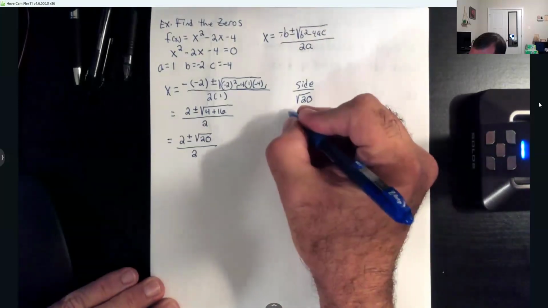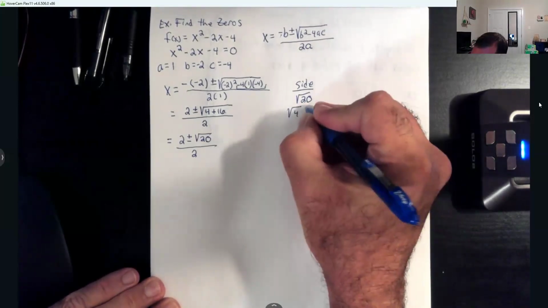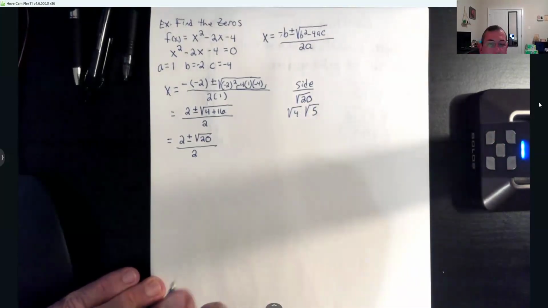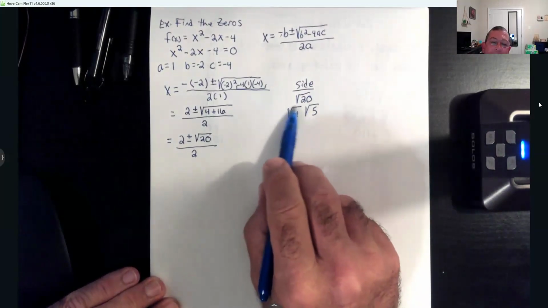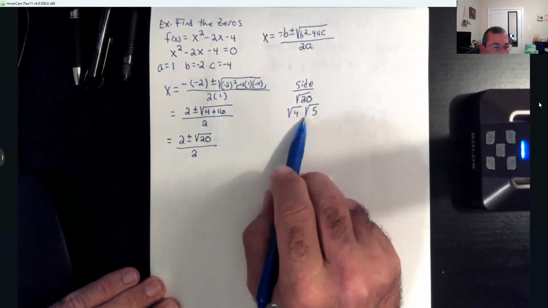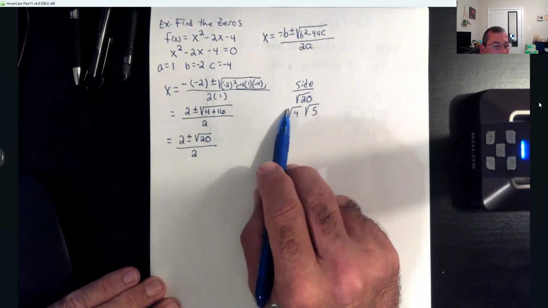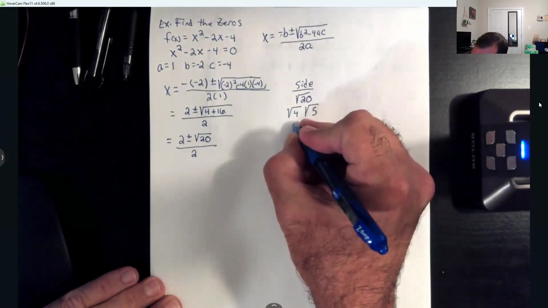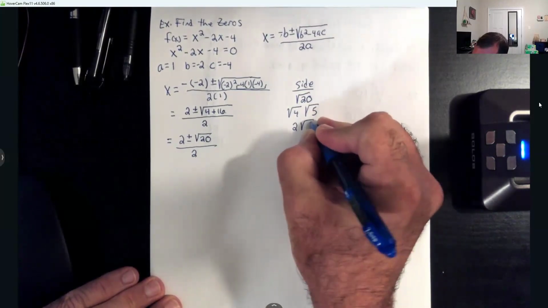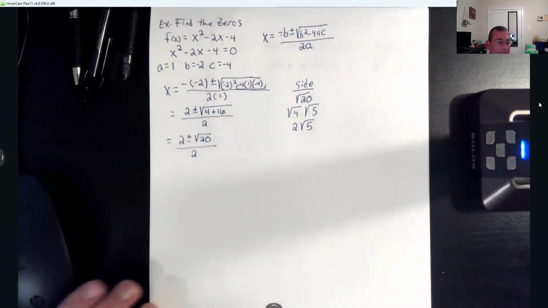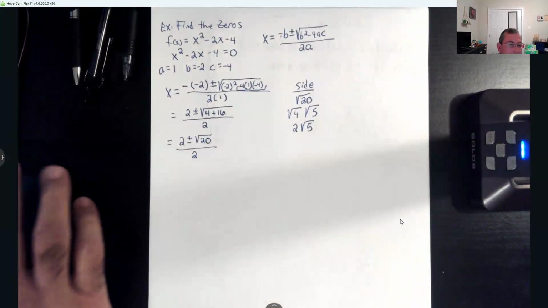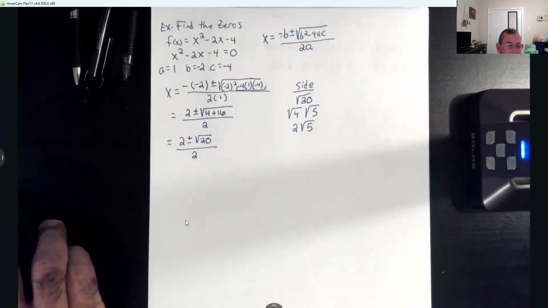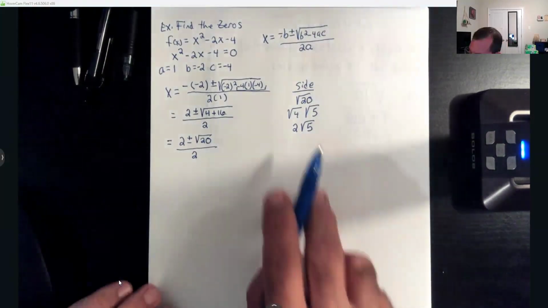To get that, she made that a square root of 4 times the square root of 5, because you need numbers that you can take square roots of. Okay? So the square root of 4 is 2. So that'll give you a 2 square root of 5. Okay? There you go. So that's the trick on that.